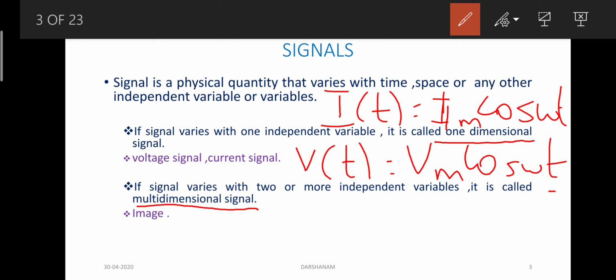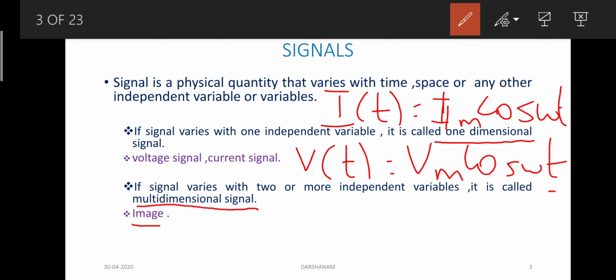Then we can see the example of two-dimensional signal. That is, image is an example of two-dimensional signal. We know that image is nothing but a collection of pixels. That is, we can define image by using its characters such as color, intensity, brightness, etc. Consider the brightness, that is the character brightness.